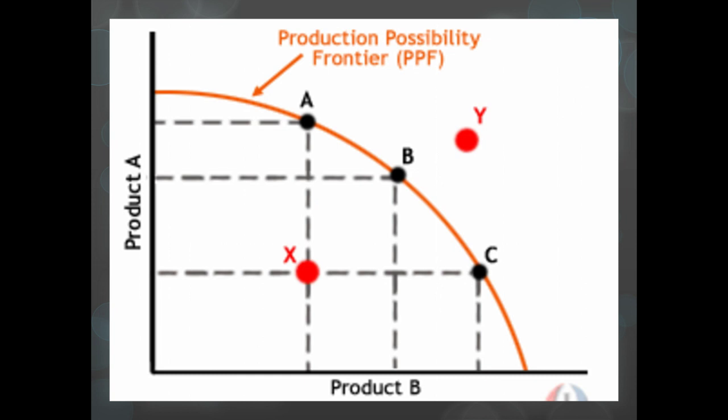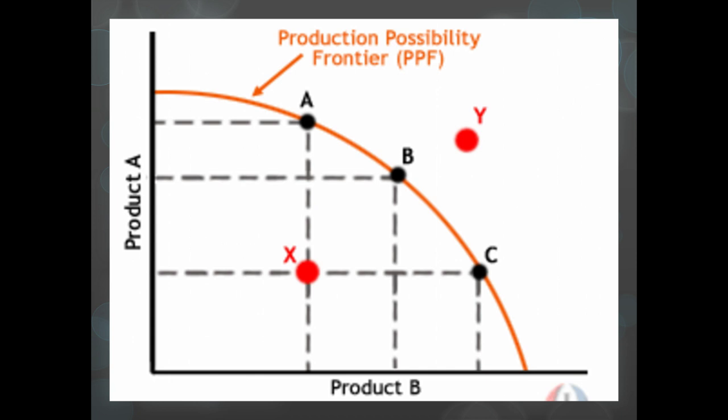Here you can see a production possibility frontier. All the points on this production possibility frontier show fuller utilization of resources. In the definition we said various combinations of production of two commodities, here product A and product B, that the economy can produce by fully utilizing, that is the main word, all its available resources.